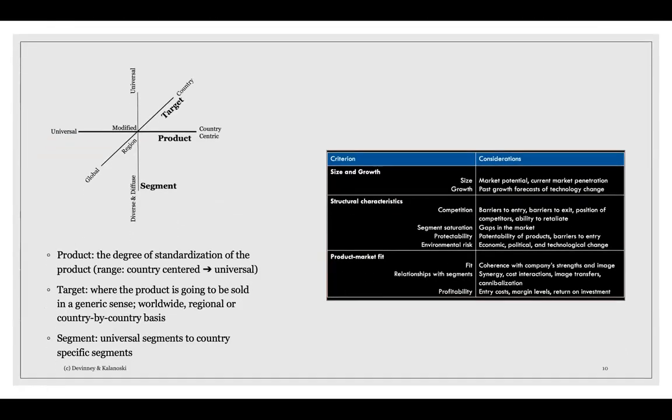And when you take this from a standpoint of international markets, you can get variations of this, where you can talk about the diversity and diffusion of the segments. So for example, if you look at a segment, the question is, is the segment diffuse, or is it highly concentrated? In that sense, it might have universality to it. So is it regional, global, country-based? And so I can look at the target.